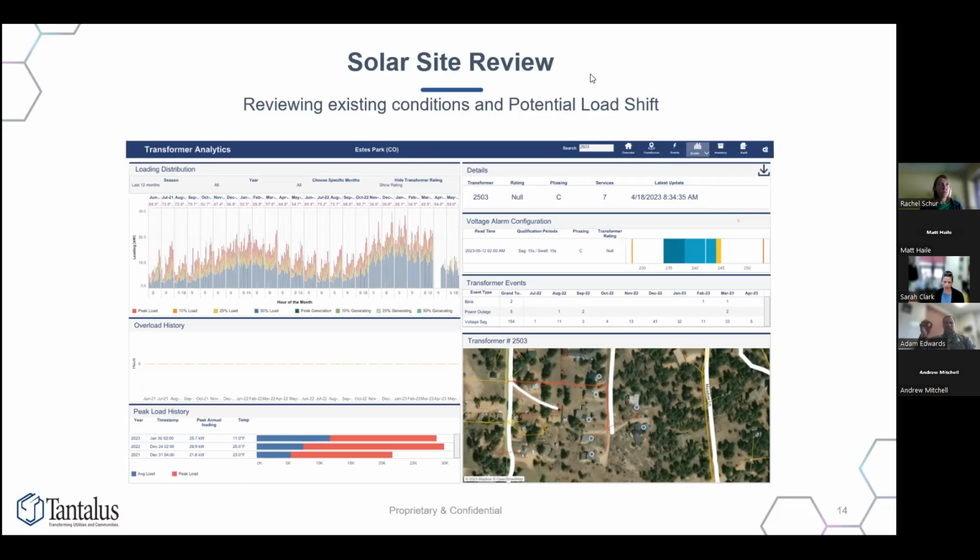So I've incorporated looking at the transformer loading into our solar application review process, pulling up the location, looking at the current transformer loads, looking to see if there are any current solar systems off that same transformer.